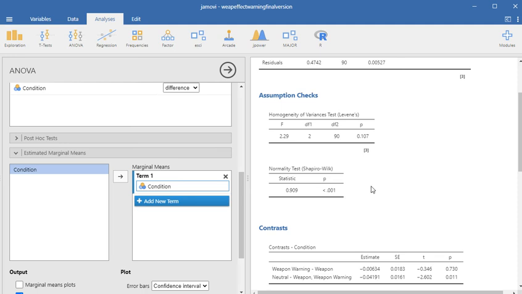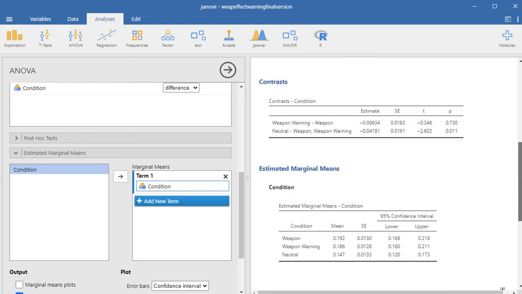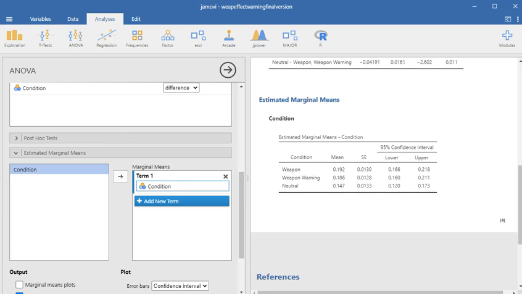We're not going to worry about that. The big thing was homogeneity of variance, and we seem to be fortunate there. Contrasts, we're very happy with those. Certainly Megan and I were at the time. And then you see the actual cell means here, and these all look very, very good.